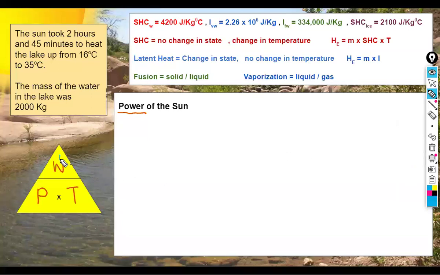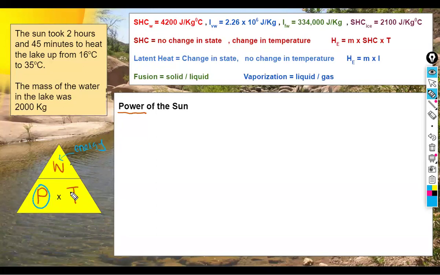Work and energy are effectively the same thing, and energy could be heat energy. So some textbooks, instead of having a W here, will have the letter E. To calculate power, you just take the work and divide it by time.